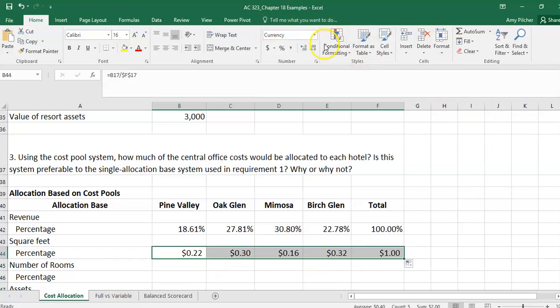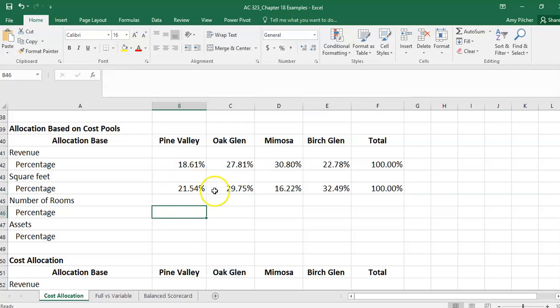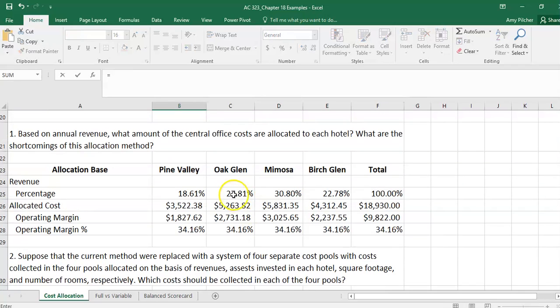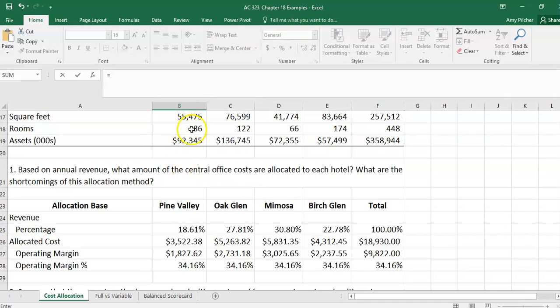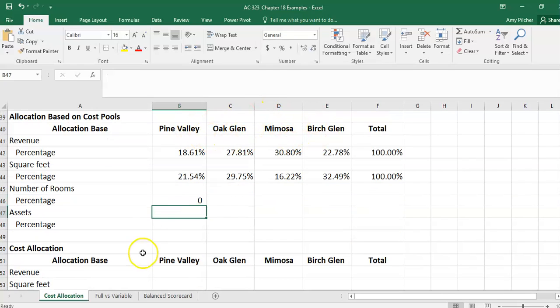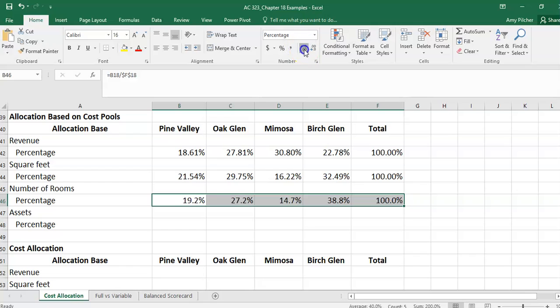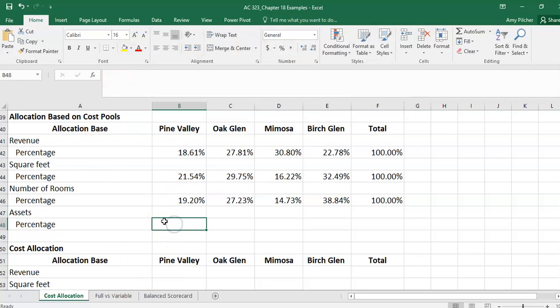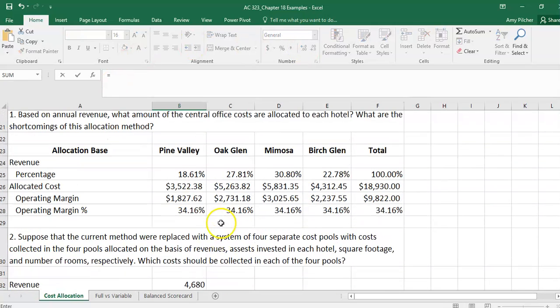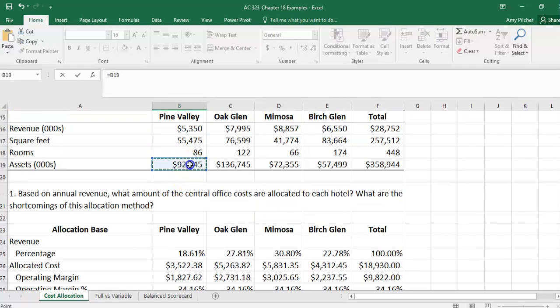Carry that across and change it to percentage. Then the number of rooms: the total number of rooms for each hotel divided by the total number of rooms overall to get the percentage. And the percentage of assets: the number of assets divided by the total assets.